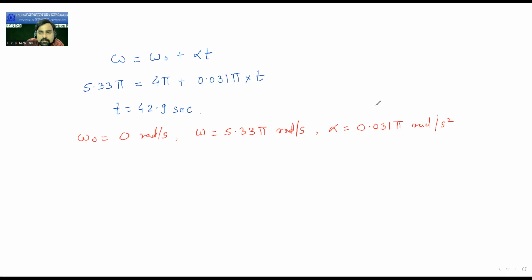Okay, so calculate the theta first. To calculate the theta, I will use the formula omega square is equal to omega 0 square plus 2 alpha theta. This is the same as v square is equal to u square plus 2as, only the terms and notations are different. So here omega square means 5.33 pi square is equal to omega 0 square, which is 0 square, plus 2 into alpha, 0.031, into theta.